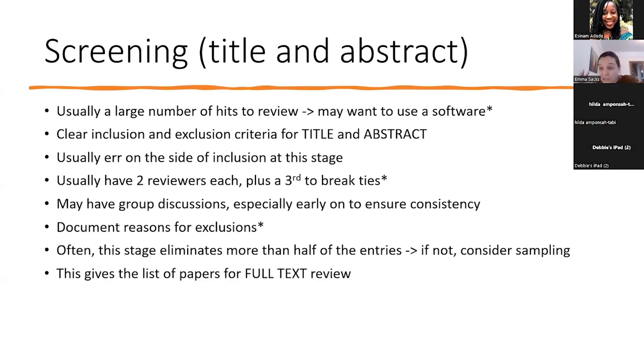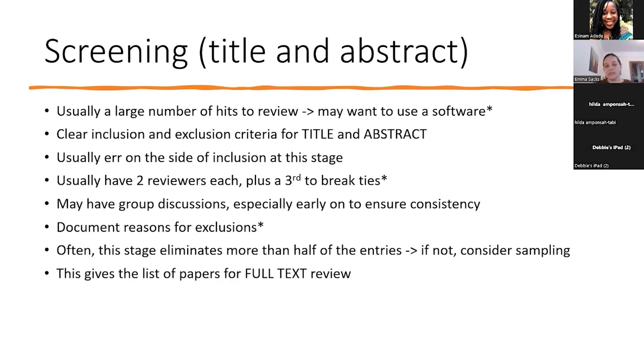And especially if there's a big number, but even if it's not, you may want to use software. I will talk for a minute about a specific software that you may want to use. Often at this stage, that's really helpful. As I said, you'll have clear inclusion and exclusion criteria, because you're going to be doing this screening only on the title and abstract. So you're not even really looking, with some exceptions, at the papers themselves.